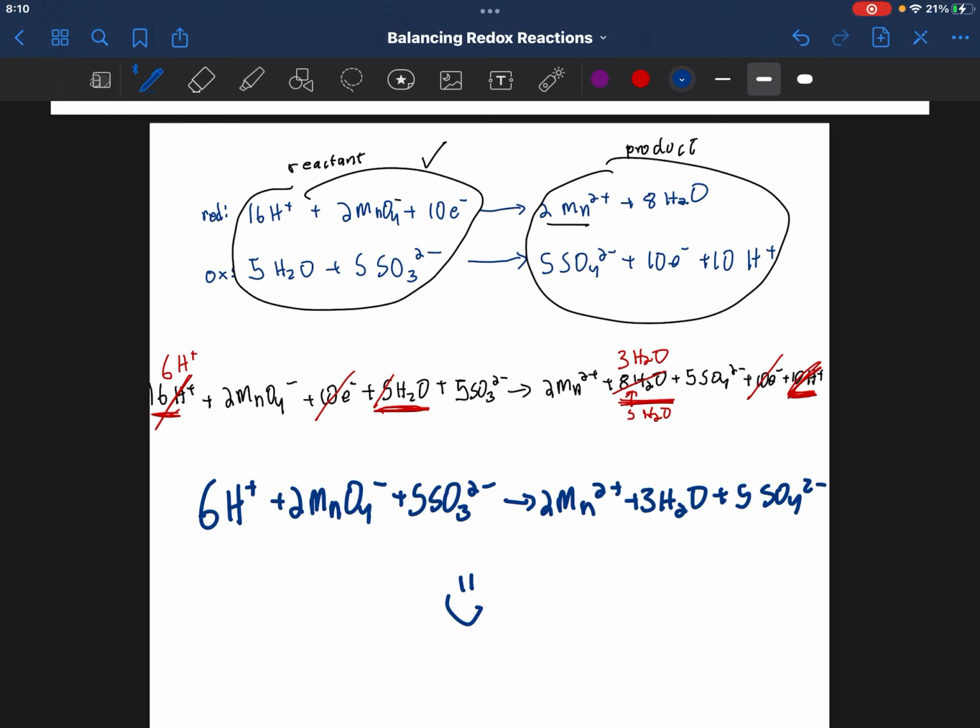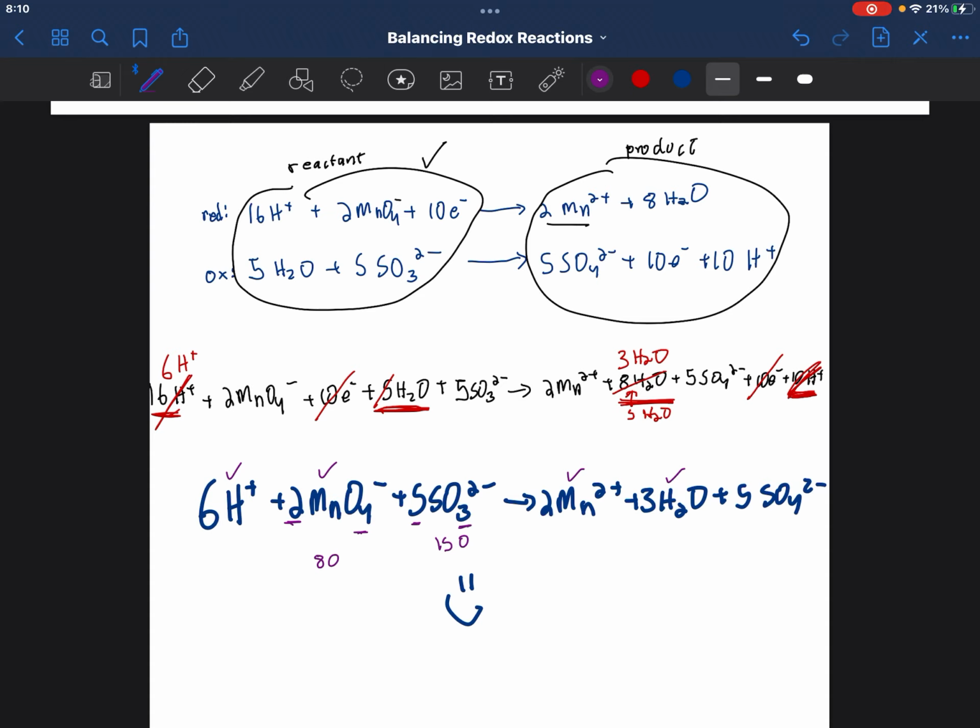And you can check each of the atoms: 6 hydrogens, 2 manganese, 2 manganese. I have 2 times 4, which is 8 oxygens here. 5 times 3 is 15 oxygens here.